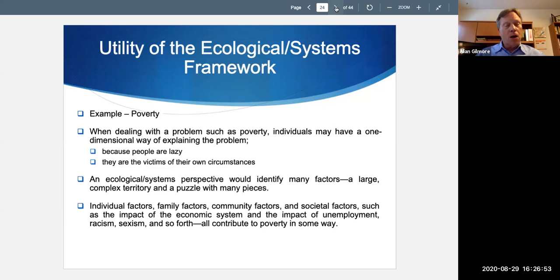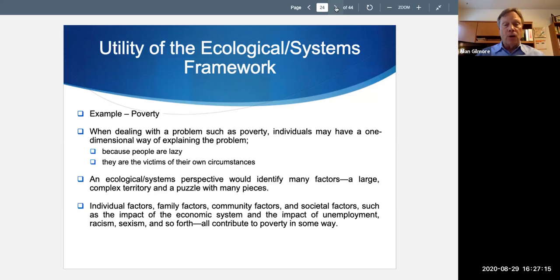And we're going to talk a whole lot more about that as we move further into this semester. But I think we really need to recognize and acknowledge the fact that there are things that are inherent in people, their ethnicity, their race, their gender, that may prohibit them from being able to move outside of poverty.